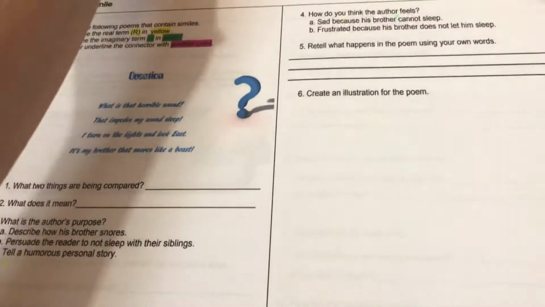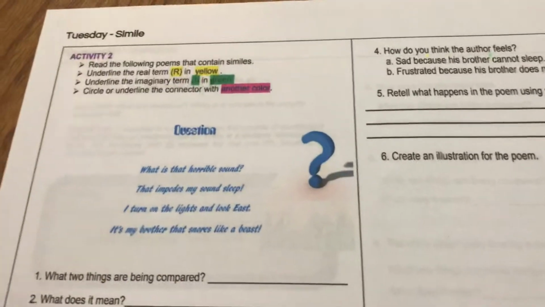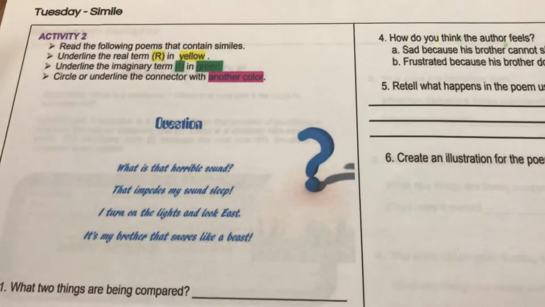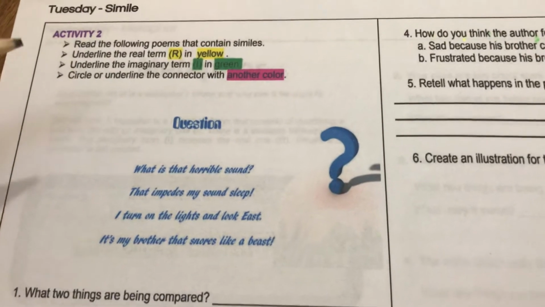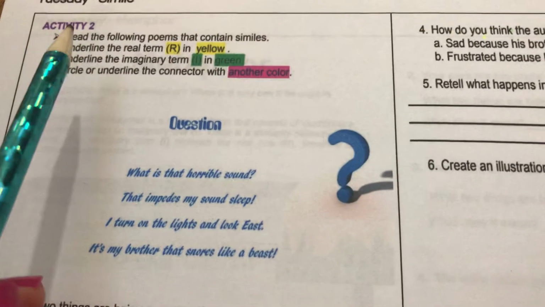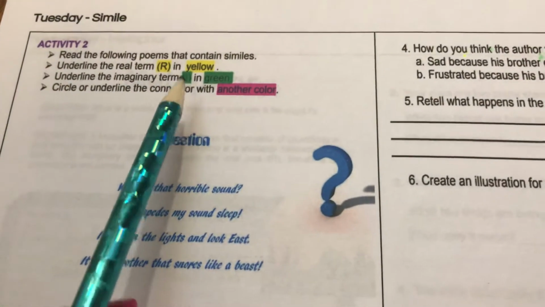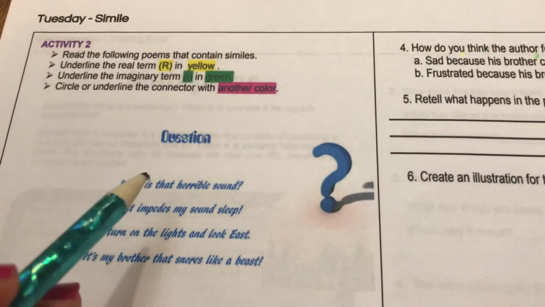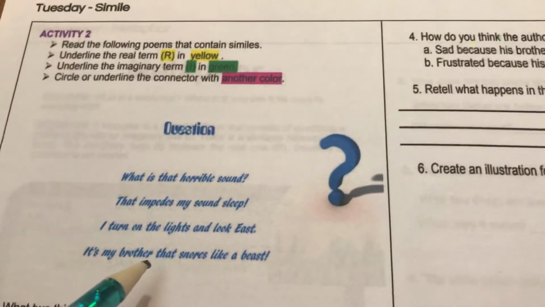So we are going to go over to Tuesday's lesson. And Tuesdays, we're talking about similes again. So it's just a really good review of similes. And you're kind of doing the same thing, but this time you're going to read the following poem that contains similes.